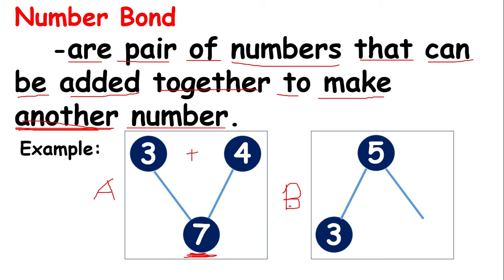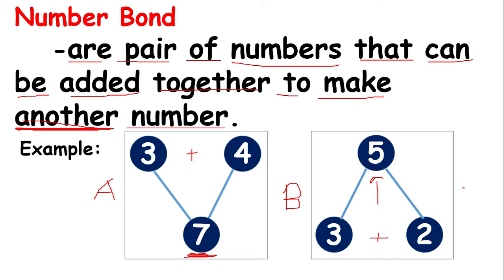What number can we add to 3 to make 5? That number is 2. If you add 3 and 2, you will make 5.